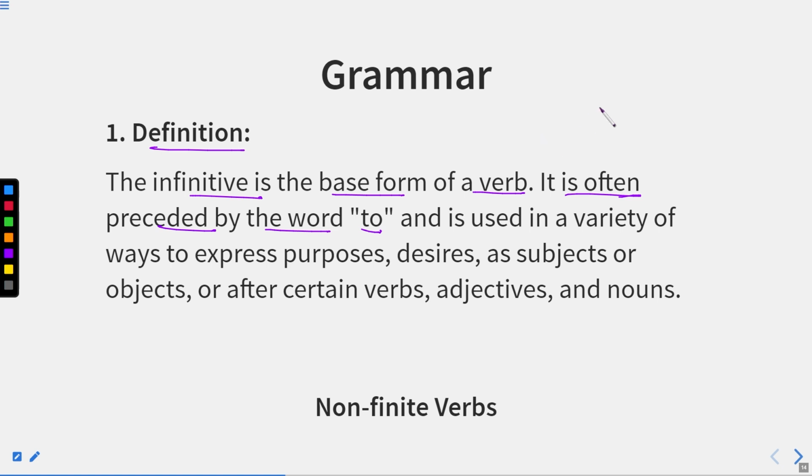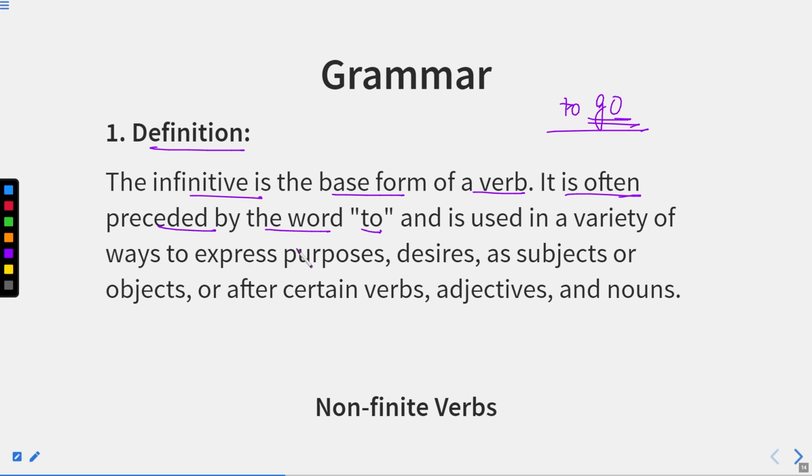For example, if the verb is go, then to go will be the infinitive, and go is the basic form. Now we are not using goes, we are not using going. We cannot precede words like going and goes by to. If it is in the base form, it can be preceded by the preposition to.